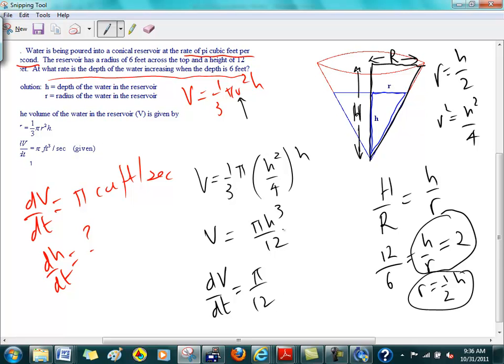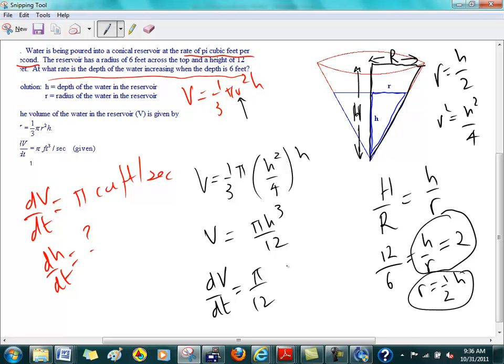Well, the 3 and 4 give you 12, right? I'm waiting for an answer for differentiating h cubed. What are you going to get? You're going to use the implicit differentiation rule.